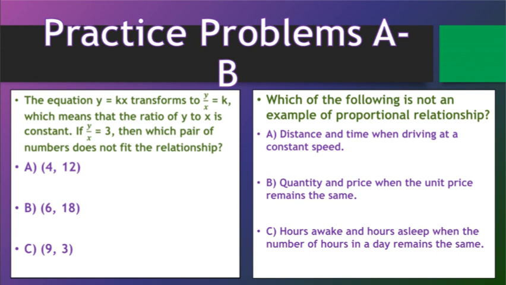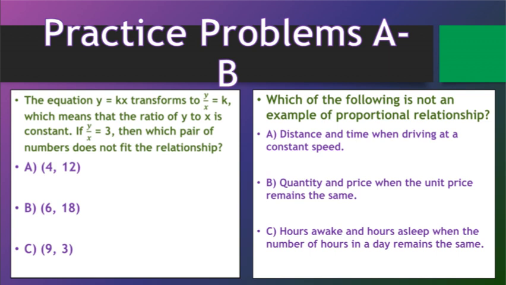Next one, the equation y equals kx transforms to y divided by x equals k. It means that the ratio of y to x is constant. If y divided by x equals 3, then which pair of numbers does not fit the relationship? So we need to take each one and divide your y and your x to see which one equals 3.